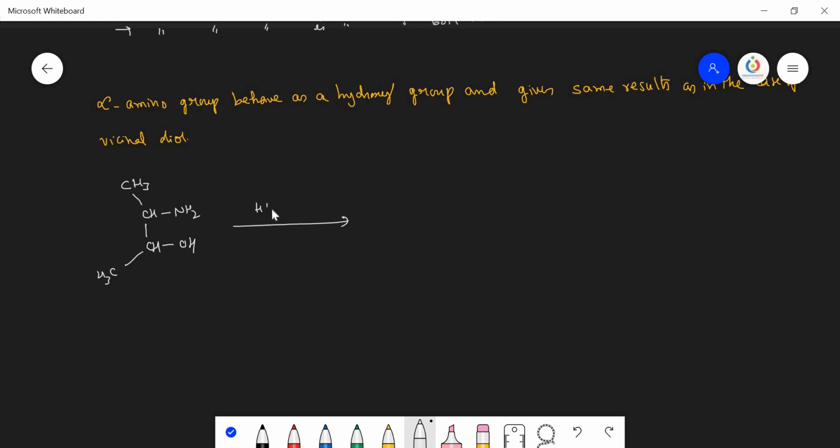Subject it with HIO4 or NaIO4, sodium periodate. So just treat this one also like the OH group, so that this is aldehyde, this is aldehyde. So break the bond here. CH3CHO plus CH3CHO. So the molecules are like this, the products.